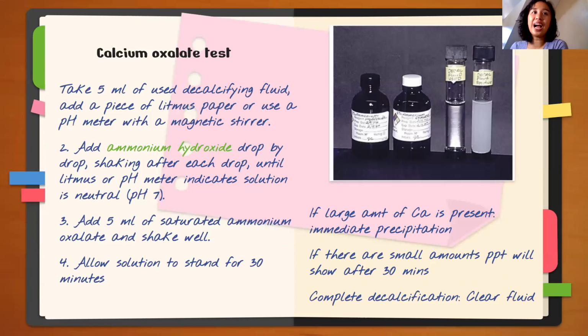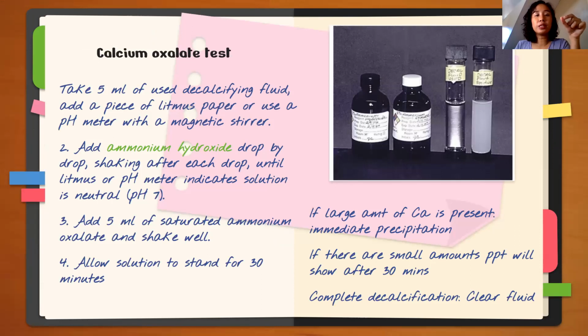So, the calcium oxalate test. This is for your routine testing. What we do is we get 5 ml of your decalcifying fluid. For example, you used 5% formic acid, and you soaked the bone in it. So take 5 ml of the decalcifying fluid.